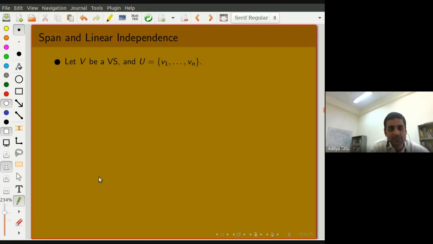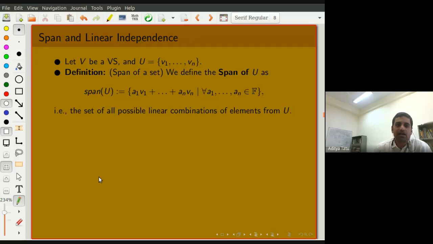Let us start with an arbitrary vector space V, and a subset U that contains n elements from the vector space V. Then we can define the span of this set U to be the set of all possible linear combinations of elements from U.